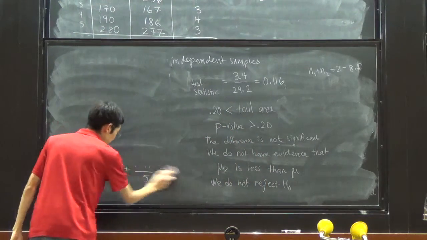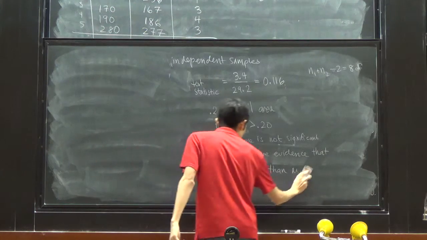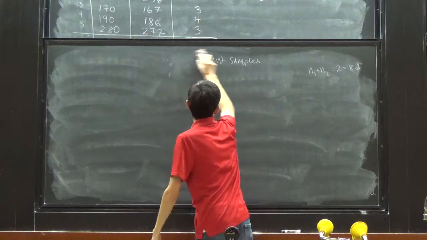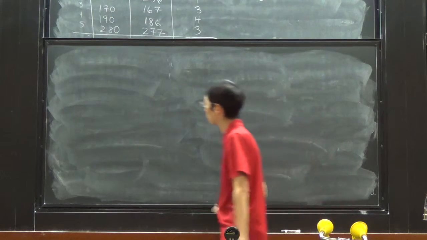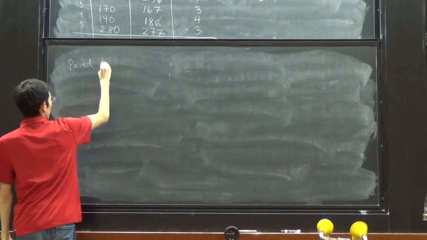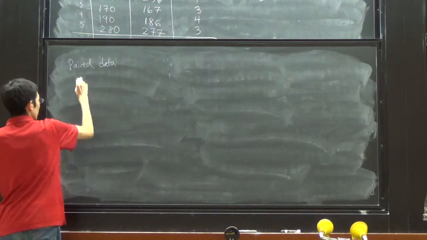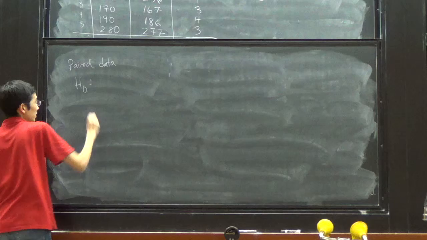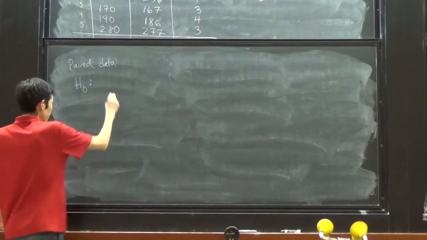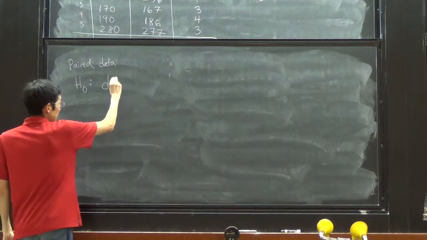and this is an important distinction that I'm going to put up here. So for paired data, the null hypothesis is not about the means of the populations, but about the difference itself.